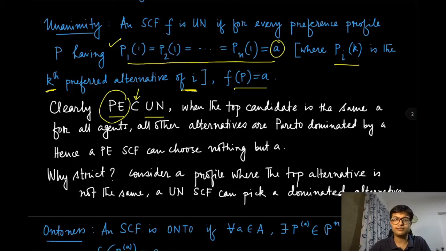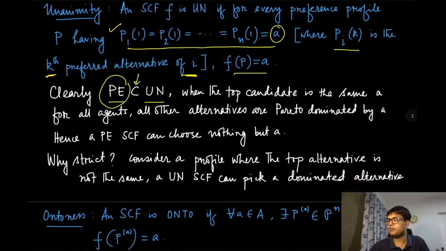Why is that? Breaking the condition of Pareto efficiency while keeping unanimity is very simple.